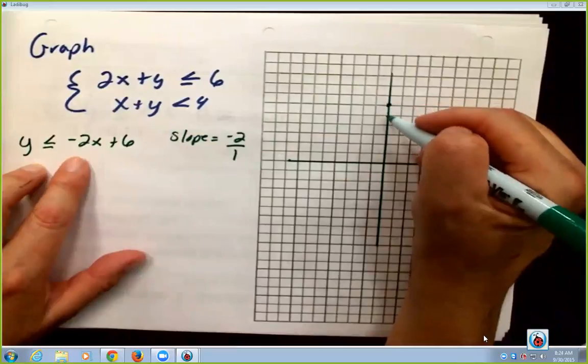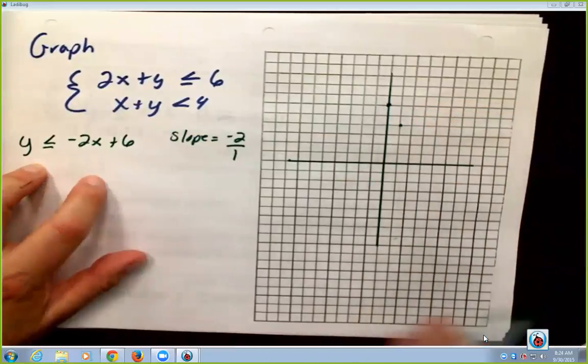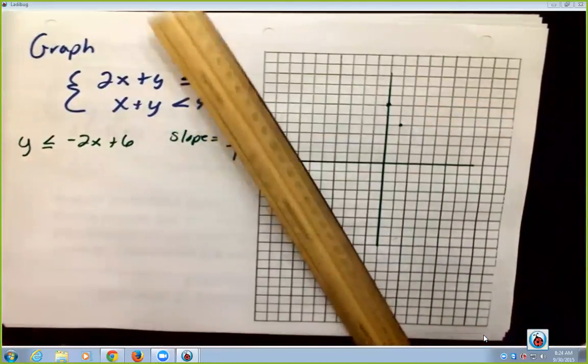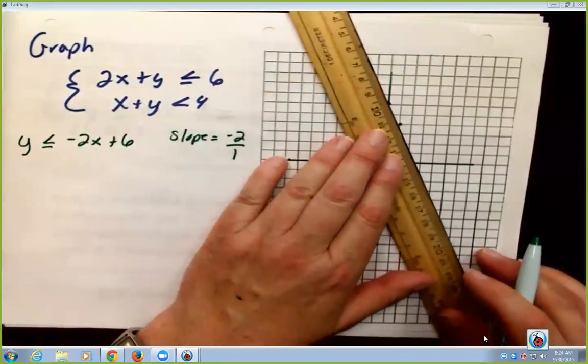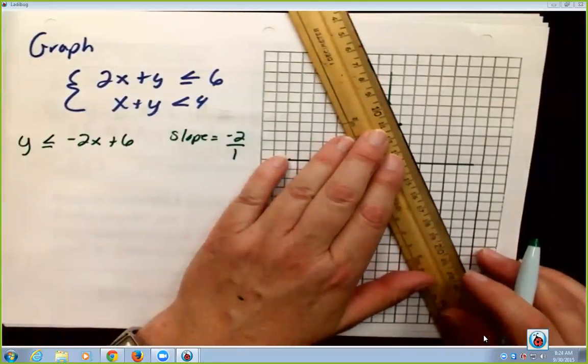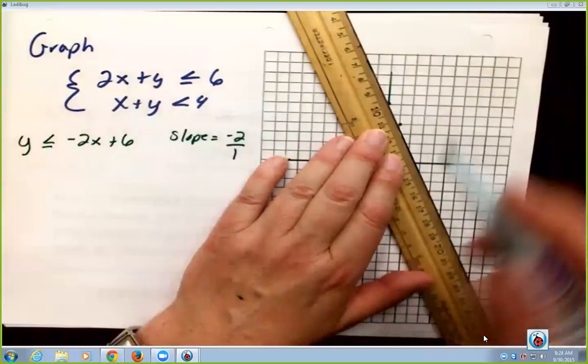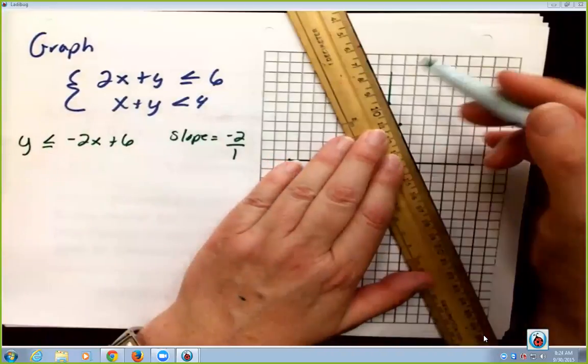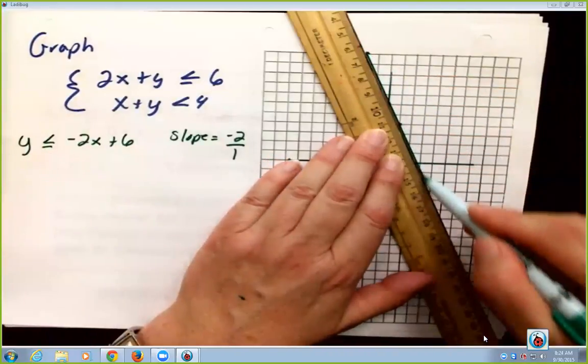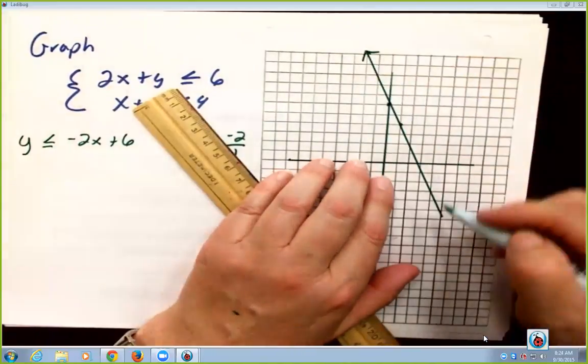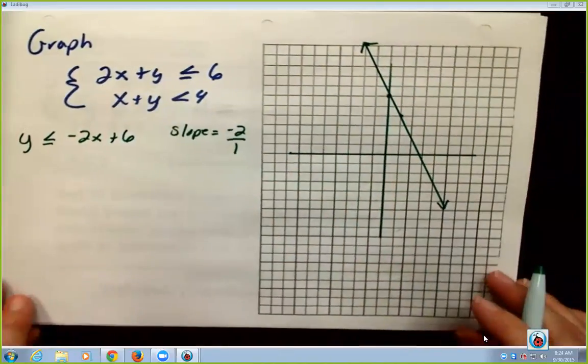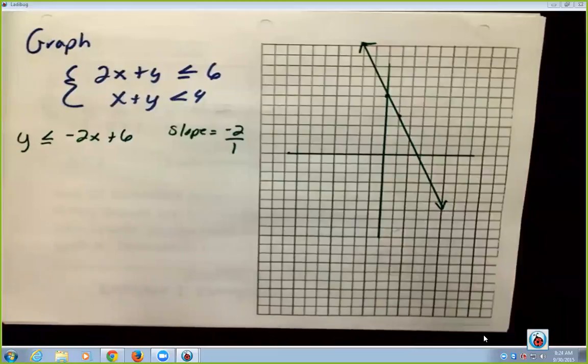So I want to go down 2 and over 1. And so I find that, and it ends up being this for my graph within this one. And so it's got an equals. So that means I want a solid line. So if I get a solid line in there, I am good to go with that one.